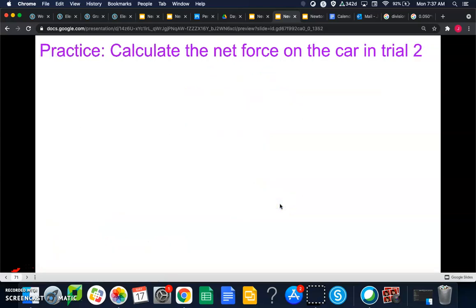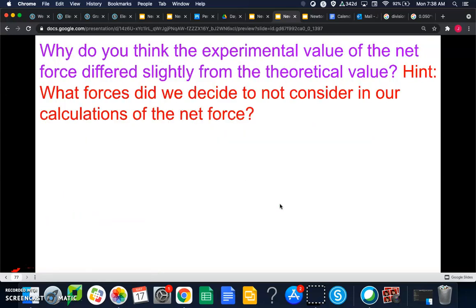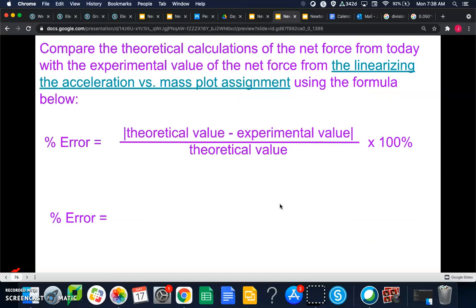Okay, and so then what you're going to do in the next few trials is practice calculating the net force for each trial. You're going to go through and do that, and then you're going to answer these questions at the end. After you calculate the theoretical net force, you're going to compare that to your experimental value.